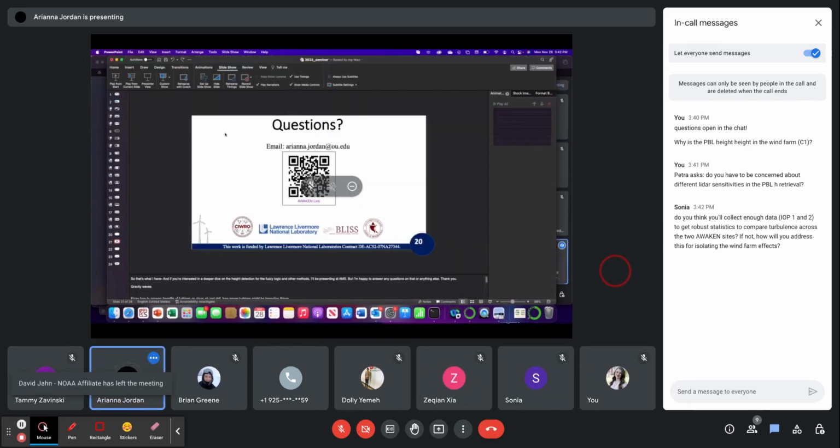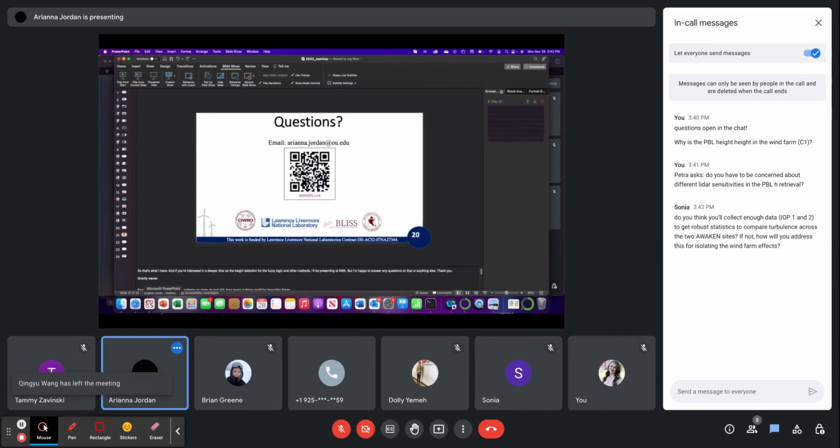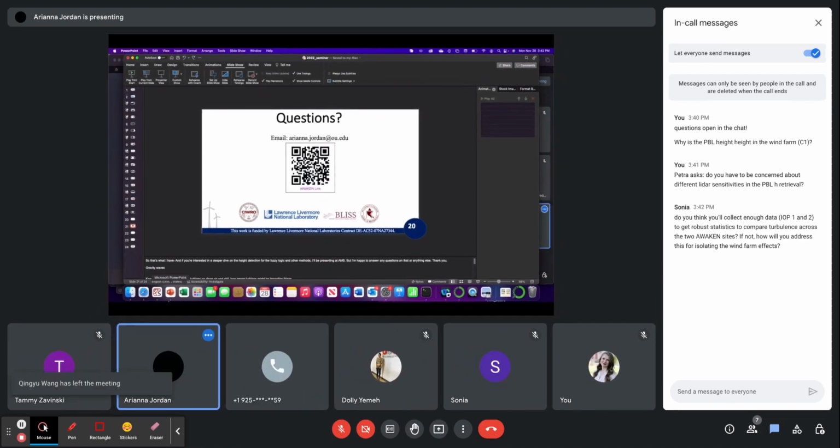She says, do you think the collective data is enough to get robust statistics on turbulence across the two different sites? If not, how will you address this for isolating the wind effects? That's a good question. One thing I do want to mention is that co-located with the CLAMPS systems, we have profiling lidars supplied by Sonia and her team.